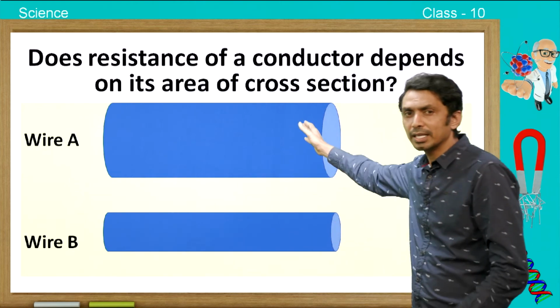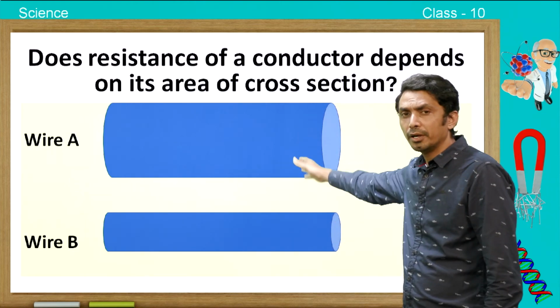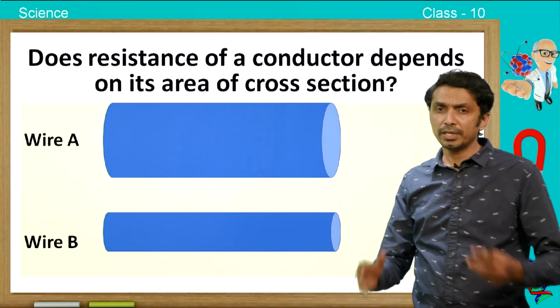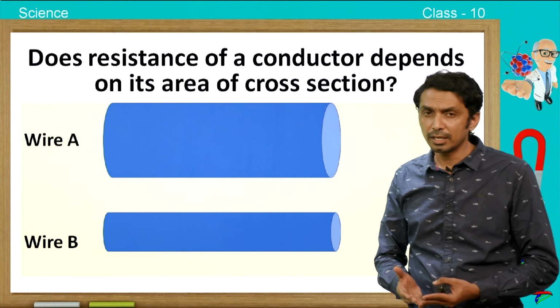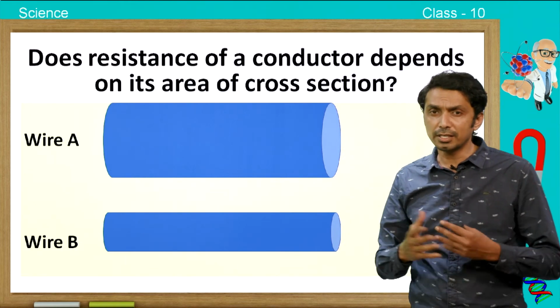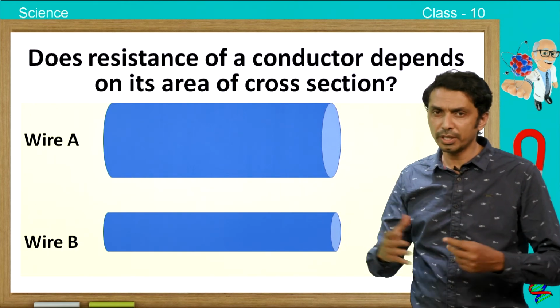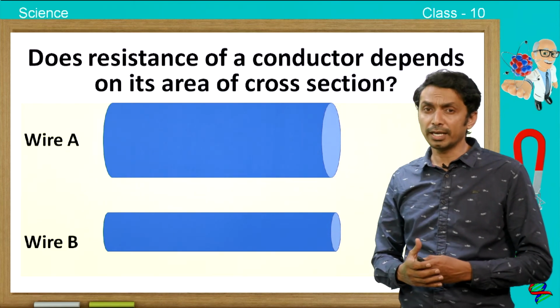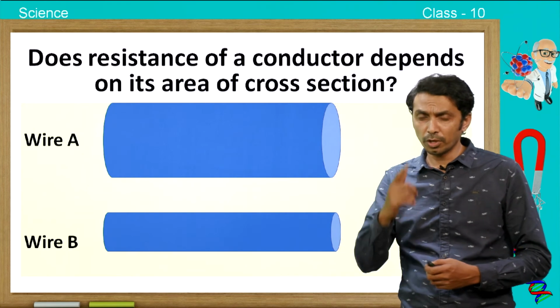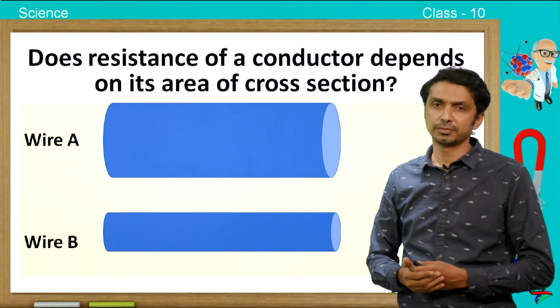So that means the area of cross section is more in A. My question is, if two wires are made of the same material, will the resistance vary in this case? What do you think, children? Yes, you are absolutely right. Come, let us see whether what you have thought is right through this activity.